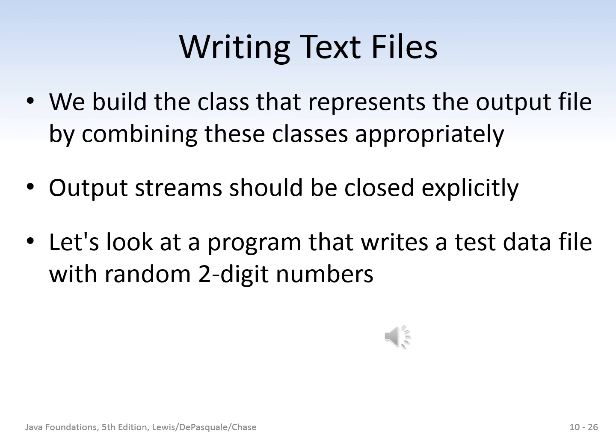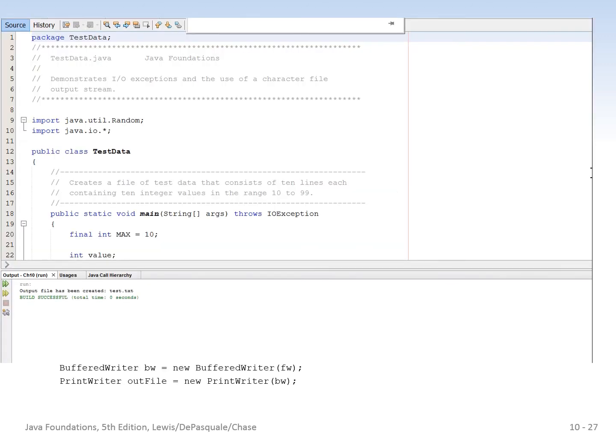And next, we're going to take a look at a program that writes a test data file with random 2-digit numbers. Now we're going to take a look at a program that throws an IO exception. It's a really straightforward, simple program.